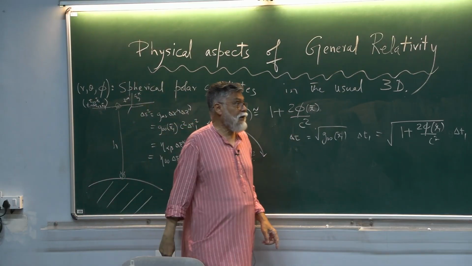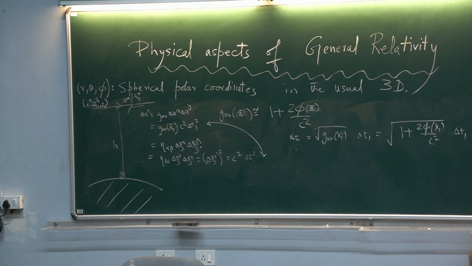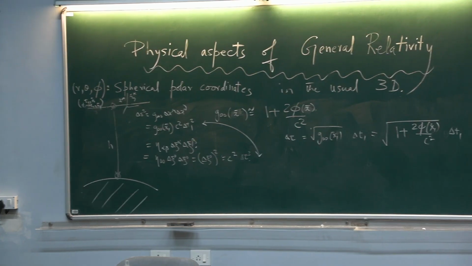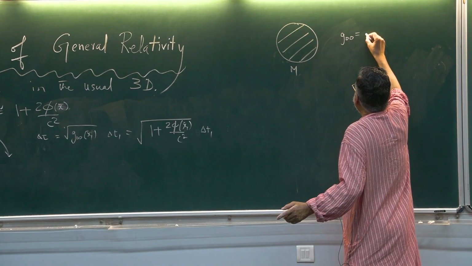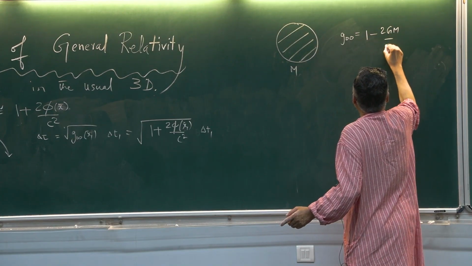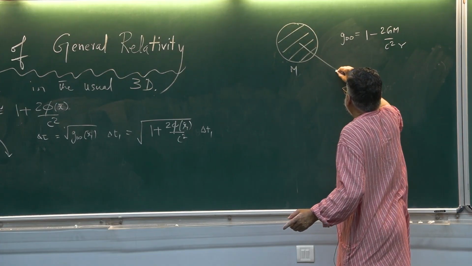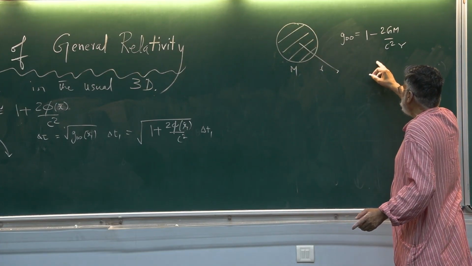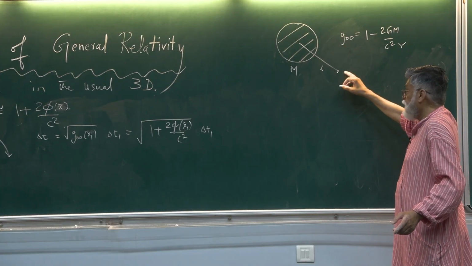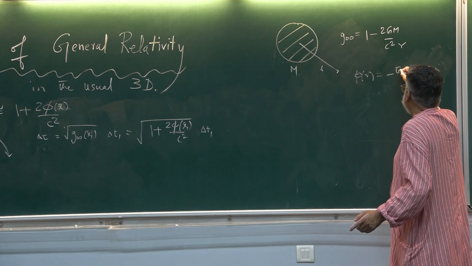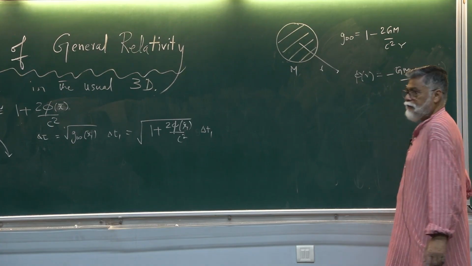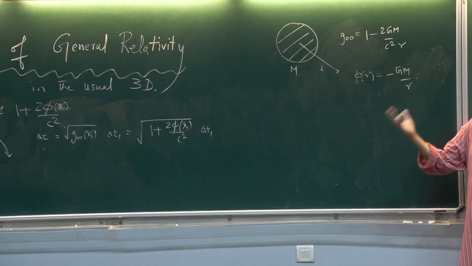Because as Anuj pointed out that day, one of the great coincidences, and that's the reason why Newtonian gravity works, is that if you have a spherically symmetric mass distribution having mass m, then the exact solution, which is the Schwarzschild solution, is 1 minus 2GM by c square r at a radial coordinate r, and it so happens that the Newtonian potential for this, phi of r, is also minus GM by r. It's a coincidence, that need not have happened.